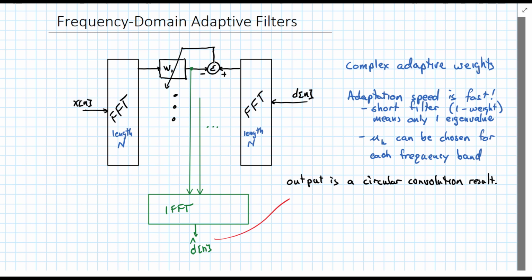And so there's no circular convolution there. Then when we do our next n samples, we'll have to overlap and add them to the trailing end of our output signal. And that will give us a perfect linear convolution of the two signals.